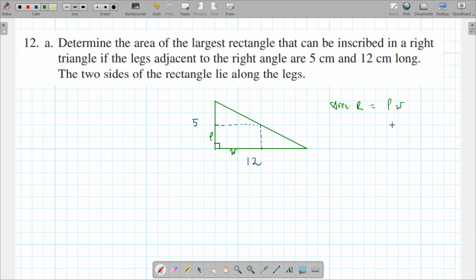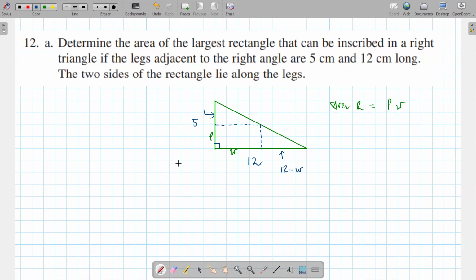So then what do we do? You want to start thinking of this in terms of the area of the rectangle. What is this side length going to be? 12 minus W. What is this side length up here?